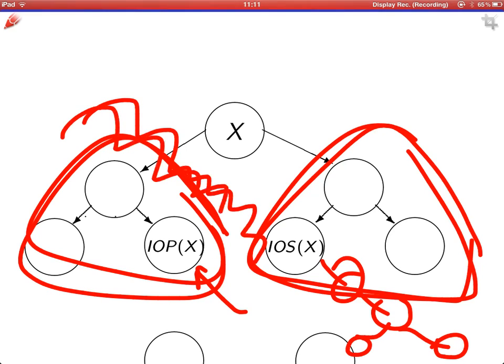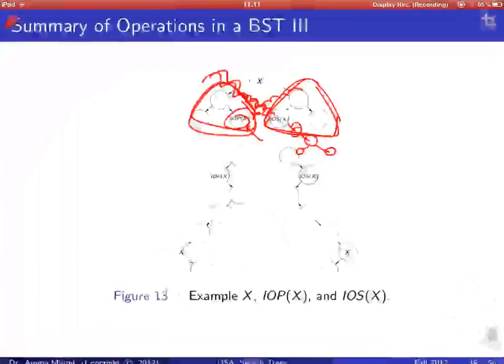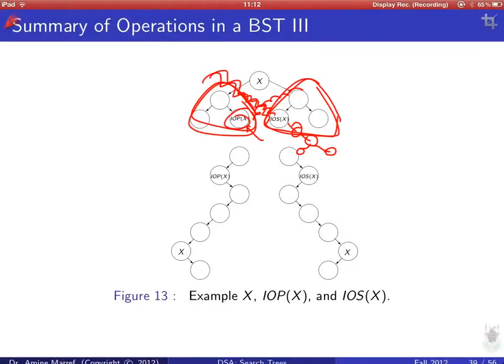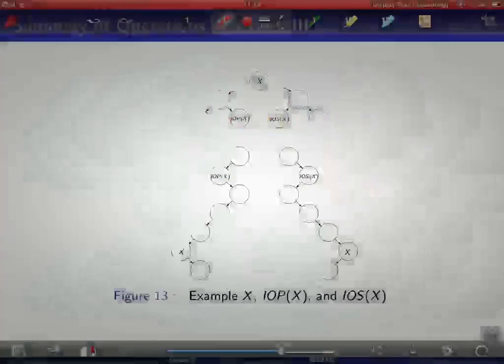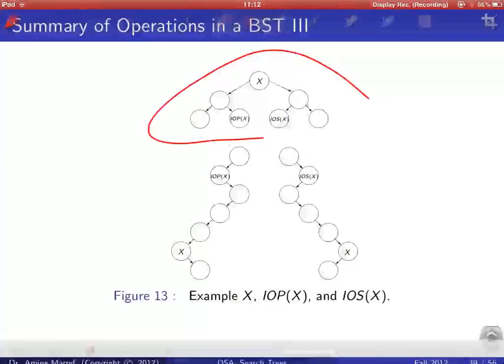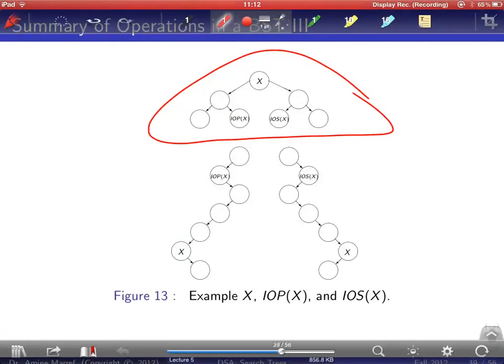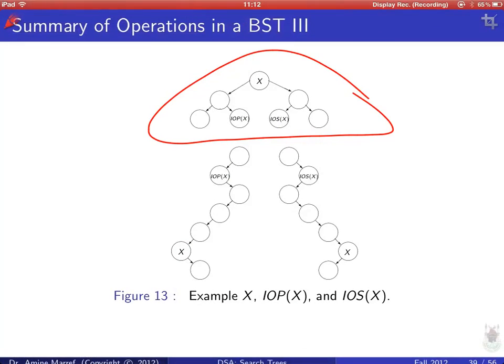And a similar story for the in-order successor. Here we said, to find it, we are going to go to the right subtree and go left to find the minimum. Here, there is no right subtree. So what we are going to do, we are going to go up, and then take the first right, and that will be our element.